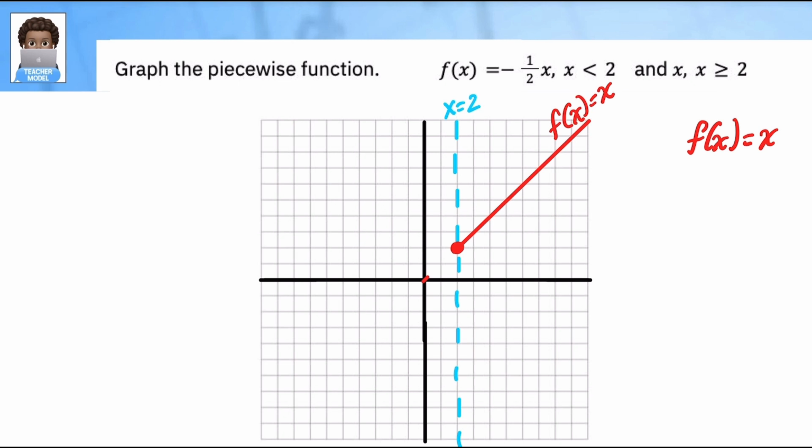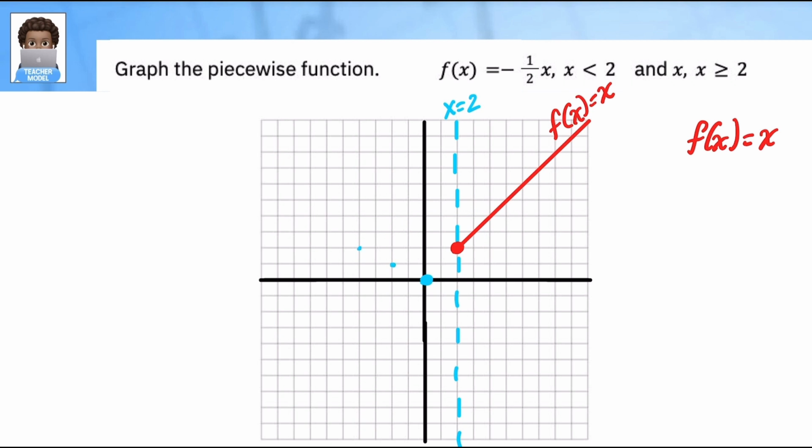Now the other equation is -1/2 x. So I definitely know that 0 is going to be the intercept. Actually, I want to use both. So I know when x is 0, y is equal to 0. And I know that the slope is negative, it's -1/2, so down 1/2.